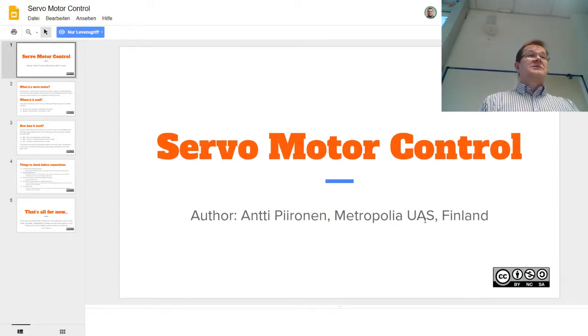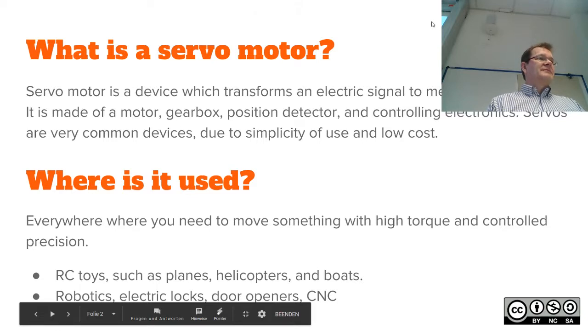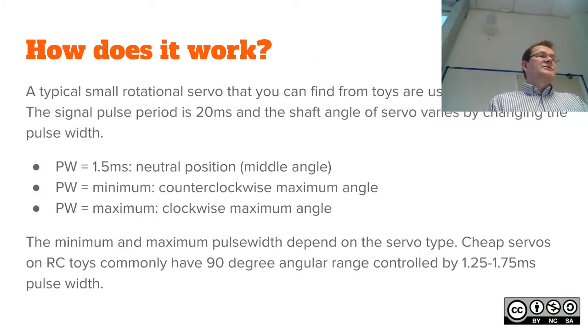All right, let's see the presentation here. Servo motor control. A device which transfers an electric signal to a mechanical position, used in toys, robotics, wherever you need an actuator at low cost. The standard signal is very simple.